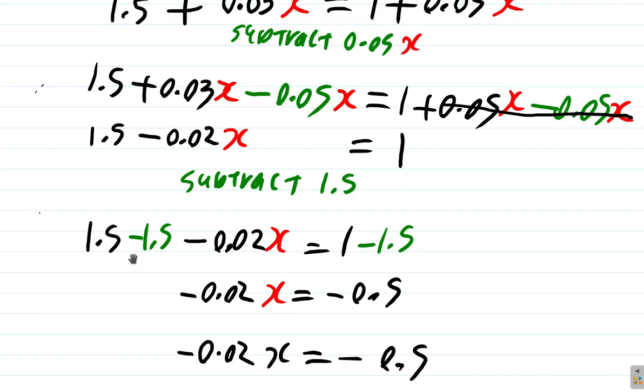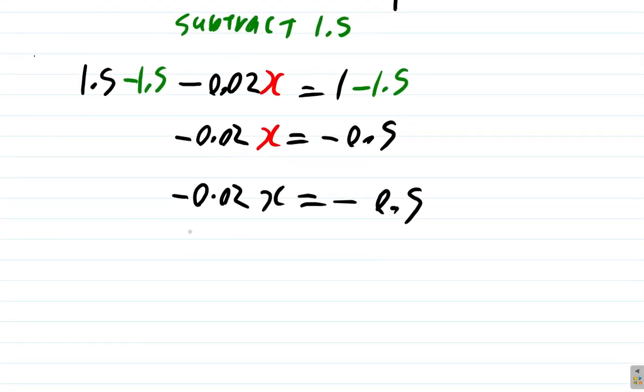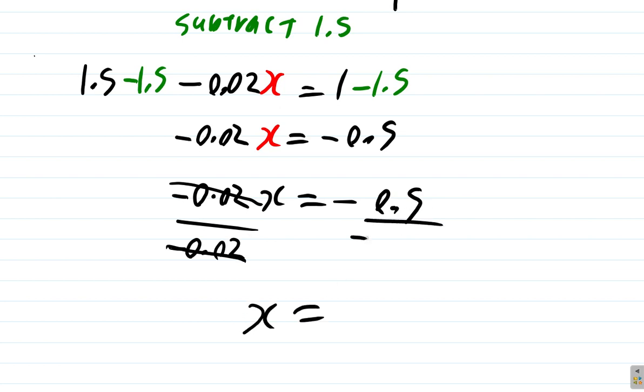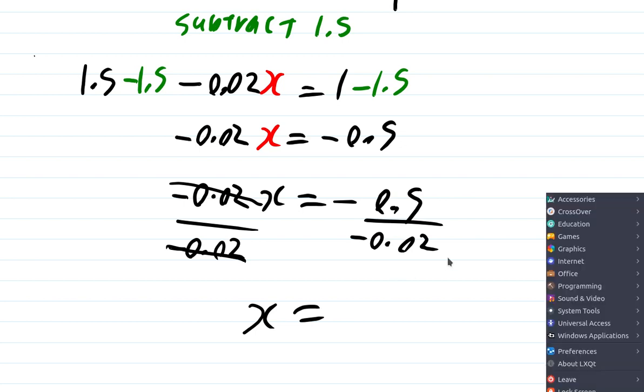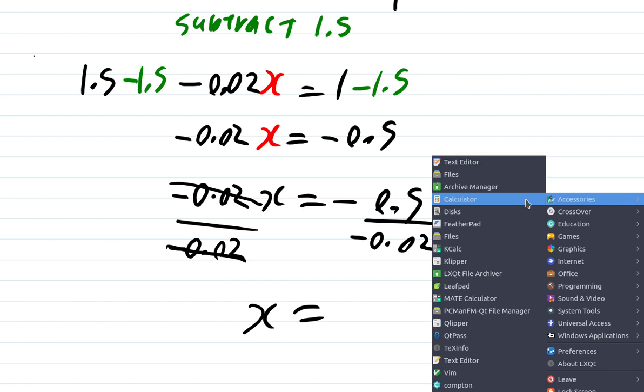What do you do next? You must divide by negative 0.02. So negative 0.02x over negative 0.02. What happens here? This cancels itself. So you have x equal. And when you divide by negative 0.02 here, you say what is 0.5 over 0.02?